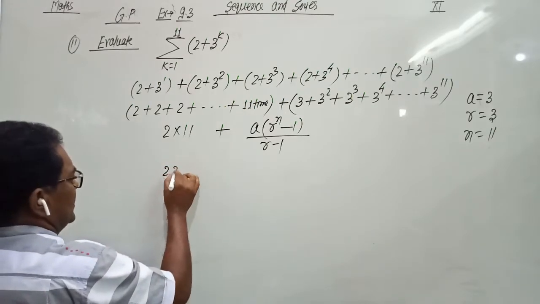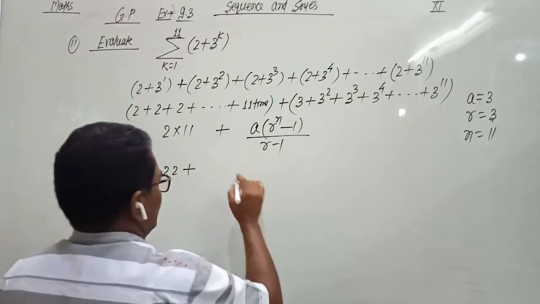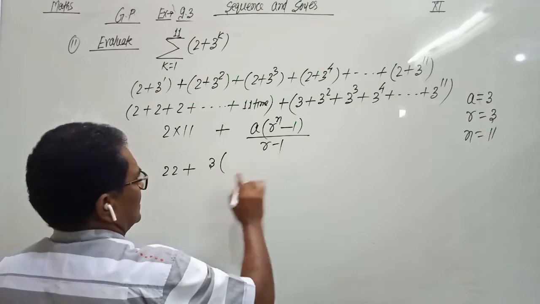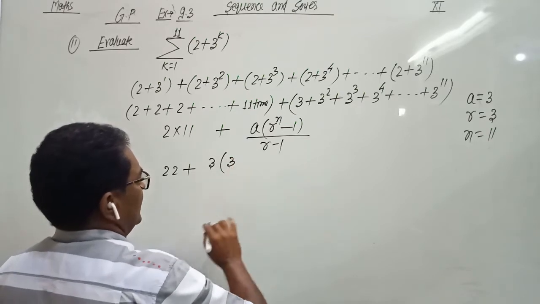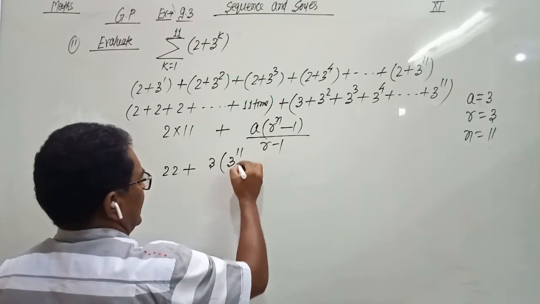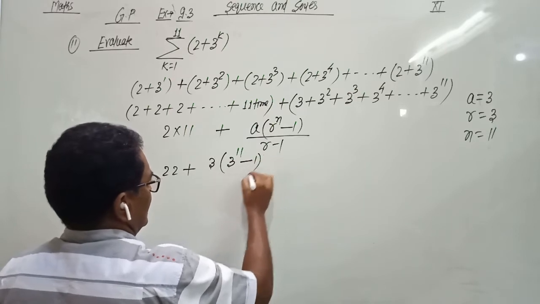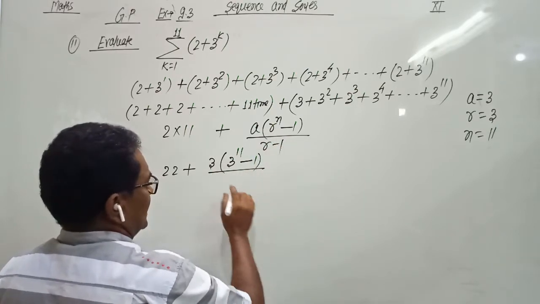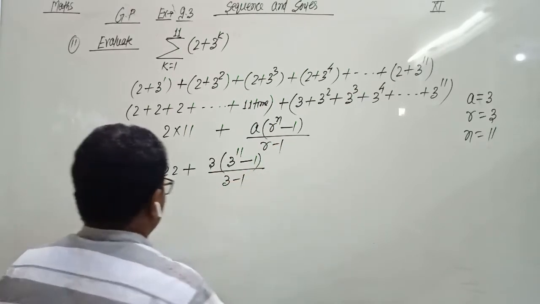This becomes 22. The value of A is 3, the value of r is 3, so 3 raised to the power n, 11, minus 1, upon r minus 1, 3 minus 1.